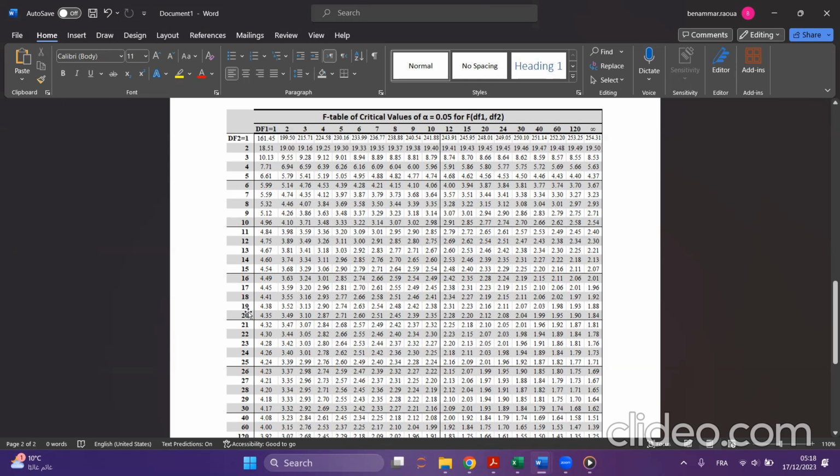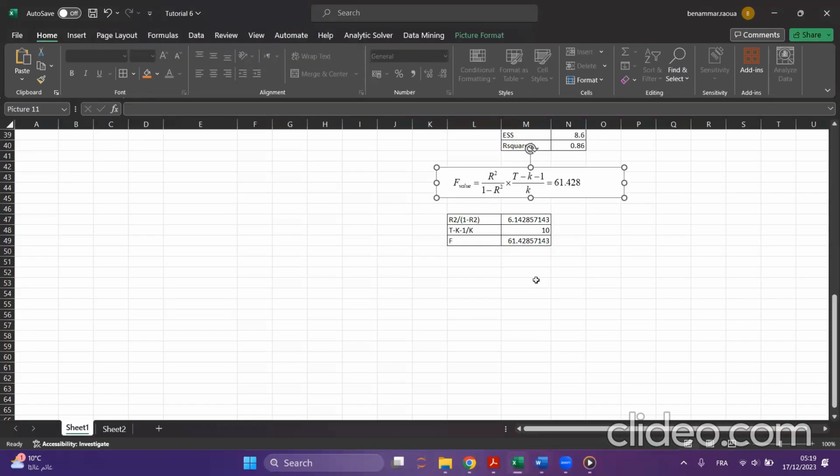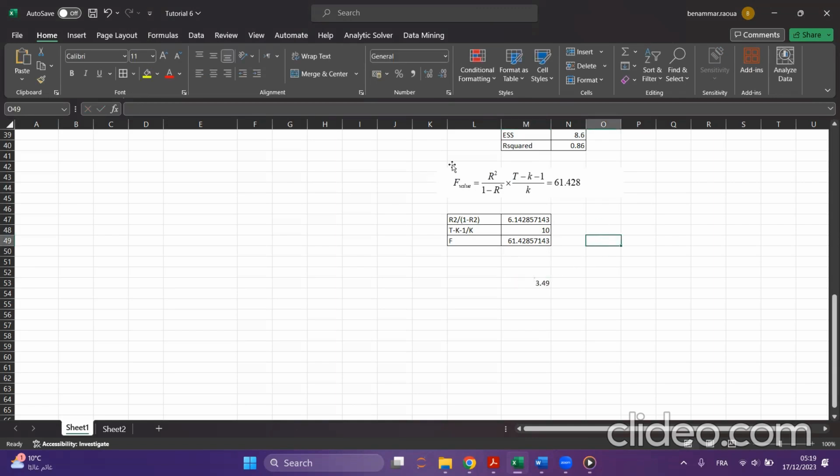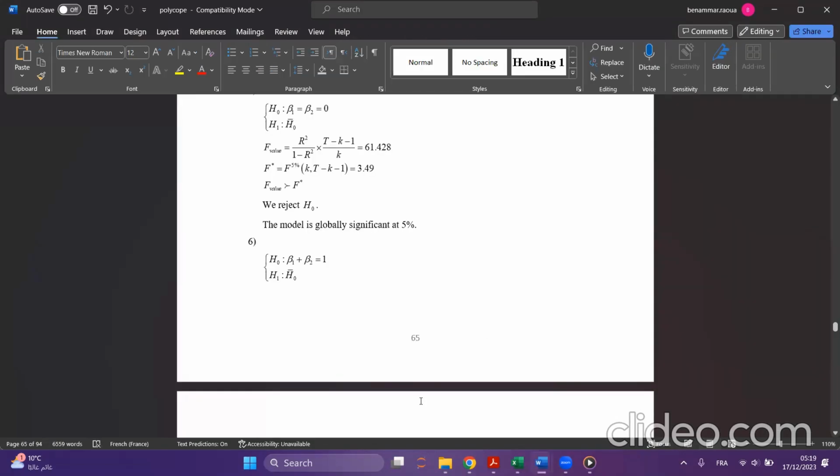So 2 and 20, we find 3.49, which is much, much smaller than the f value we calculated. And hence, we are going to reject H0. And hence, we conclude that our model does in fact have some explanatory power.